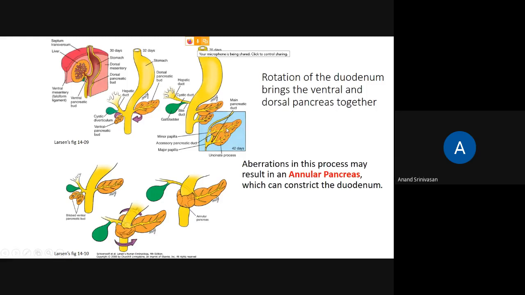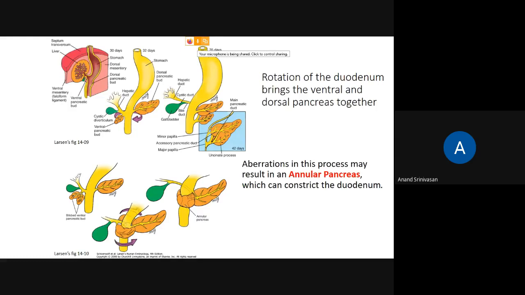Whereas the minor papilla will have pure pancreatic secretions, that too only from a small portion of the pancreas, because the major secretion, even from the dorsal pancreas, comes through this connection between the dorsal pancreatic bud duct and the ventral pancreatic duct. Did you understand this one?